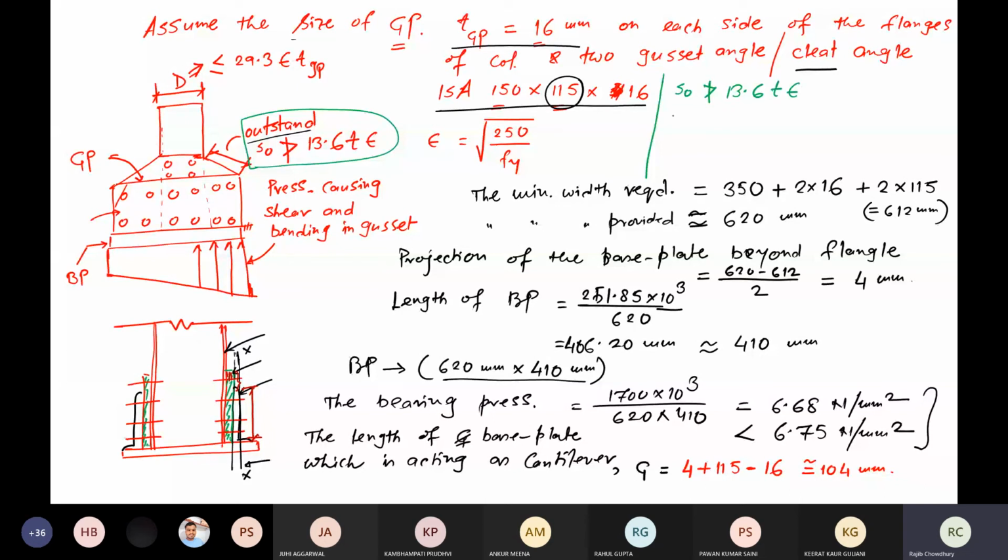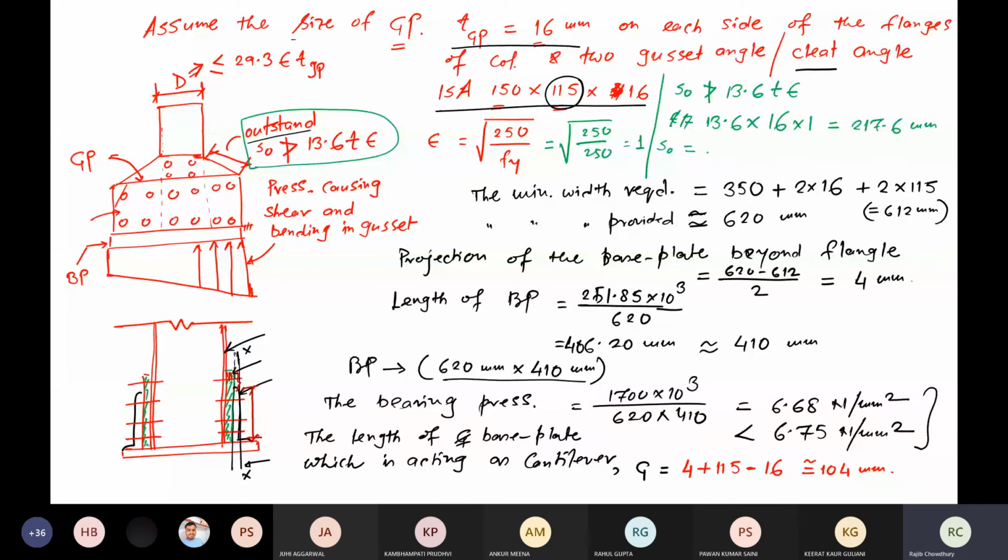What is my epsilon now? Epsilon is 250 by 250, so it would be 1. So 13.6 times 16, the thickness, times 1 becomes 217.6 mm. Now how much is the gusset outstand S naught?